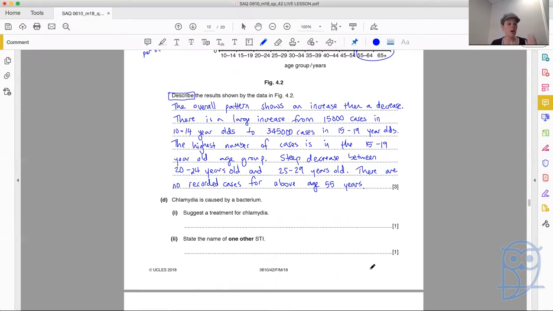So D carries on with this story about chlamydia, tells us chlamydia is caused by a bacterium. So suggest a treatment for chlamydia. So what do we use to treat a bacterial disease? We use antibiotics.